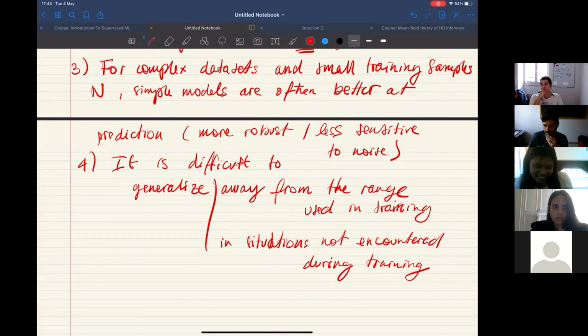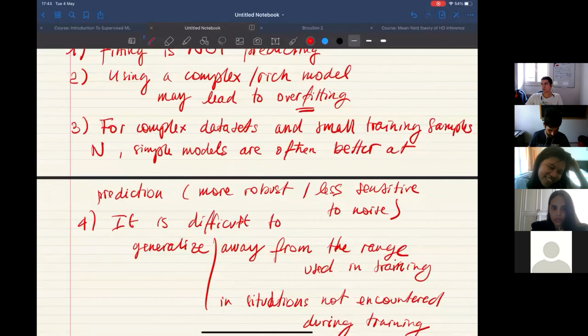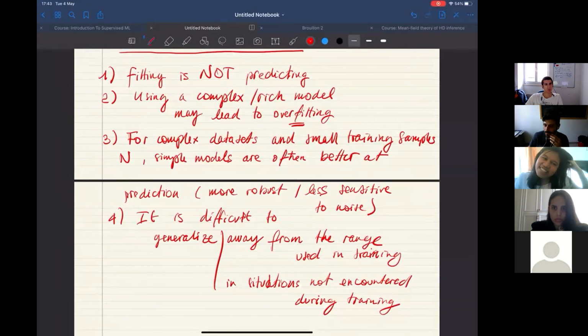Can I? Yes, you can. If we add a term that assumes that it is noisy, then the 10th order polynomial will be good.